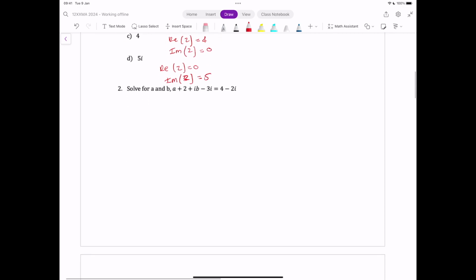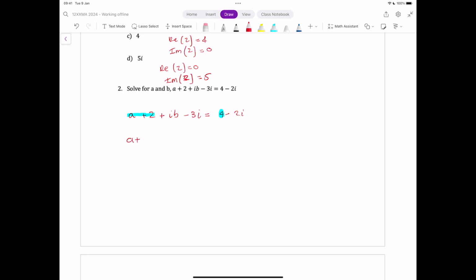Okay, we can use that to solve complex equations. So we've got the equation a plus 2 plus i(b minus 3) is equal to 4 minus 2i. The process of this is called equating the real and imaginary components. The real components on the left-hand side have to be equal to the real components on the right-hand side, because we can never combine real and imaginary components.